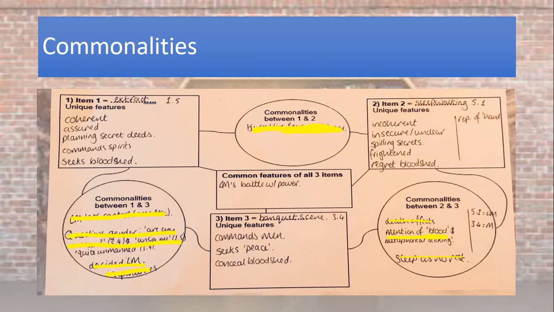And across 1 and 3, I've looked at the questioning of gender and the air of command and control that Lady Macbeth offers. And centrally, the common theme is that of power, which makes sense as the question determined it, and that's the only kind of common theme I can find to all of them, but that's fine because that's the question.